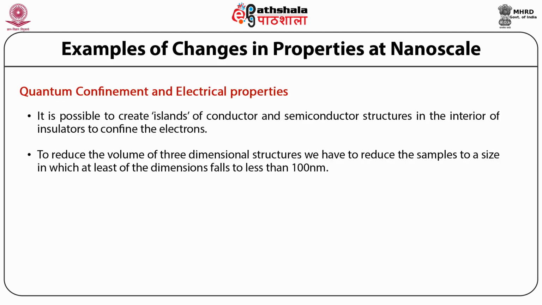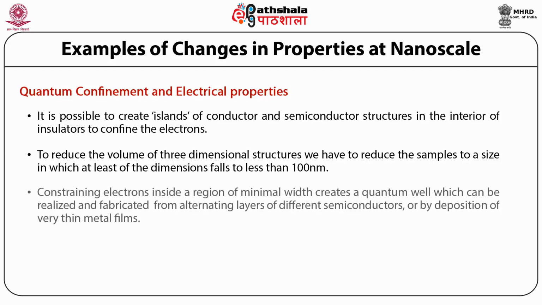So students, if we are reducing the volume of three-dimensional structures, we have to reduce the sample to a size in which at least one of the dimensions falls to less than 100 nanometers. Now, constraining the electrons inside a region of minimal width creates a quantum well, which can be realized and fabricated from alternating layers of different semiconductors or by deposition of very thin metal films.